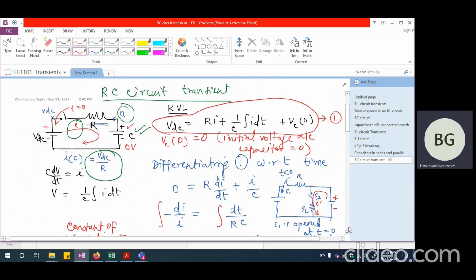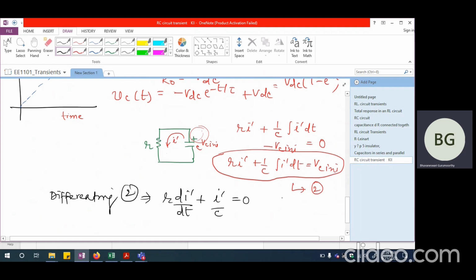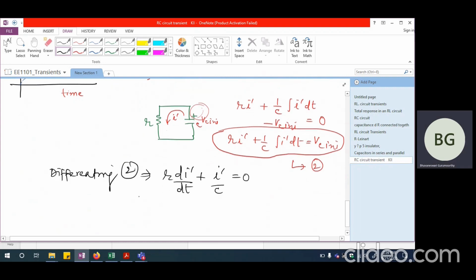There is hardly any difference between these two. So if I differentiate this equation, let me call this equation 2. Differentiating 2, we are going to get R di dash by dt plus I dash divided by C equal to 0. So the solutions are exactly going to be similar.